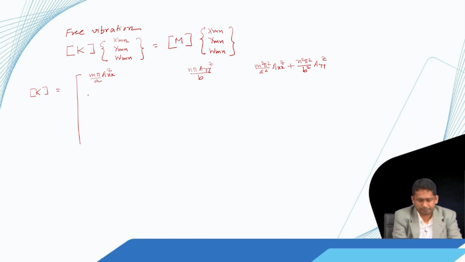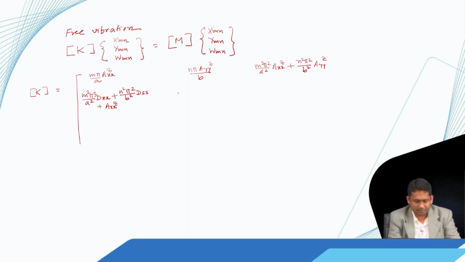The second row is m square pi square by a square into dxx plus n square pi square by b square multiplied by dss, and then we have axxz.